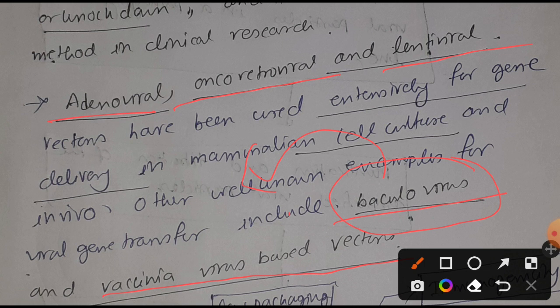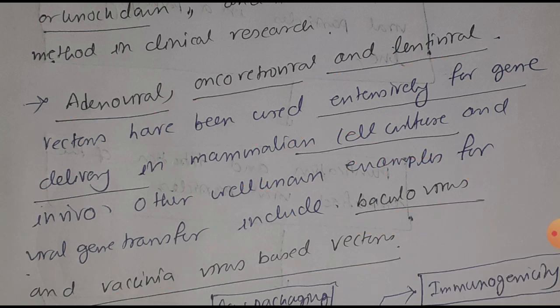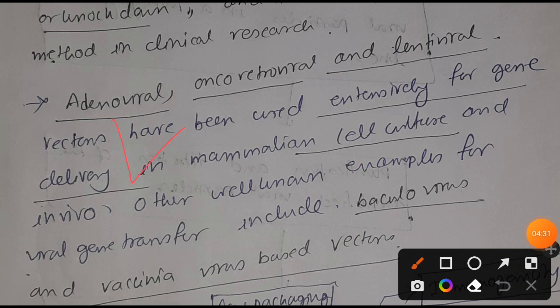If you want to know about baculovirus, I recommend the video I have uploaded regarding it, so you can understand what a baculovirus based vector is. We will discuss each of these vector gene delivery systems one by one in our upcoming videos.